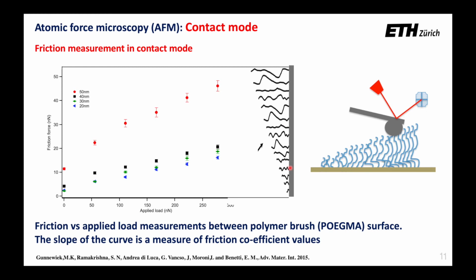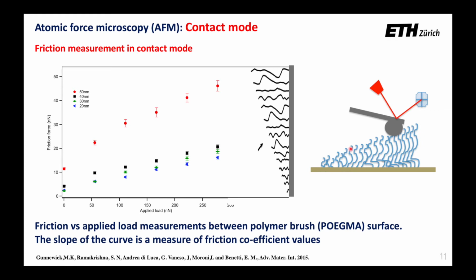So in this study, for example, how you can use this friction force microscopy to characterize different surfaces. So here a polymer brush coated on silicon surface which varies the length across the sample.